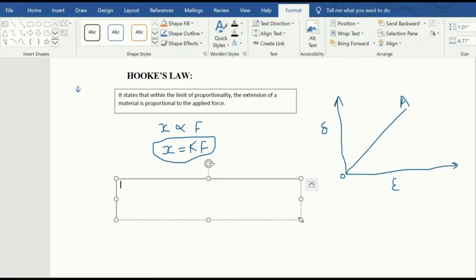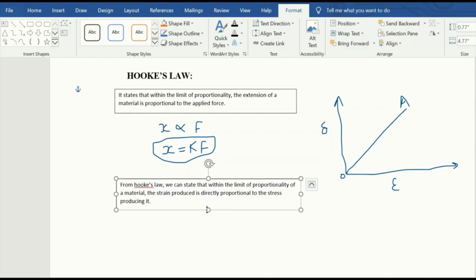So I'm saying that from Hooke's law, we can state that within the limit of proportionality of a material, the strain produced is directly proportional to the stress producing it. That is another statement that we can use to solve for the strength of materials.